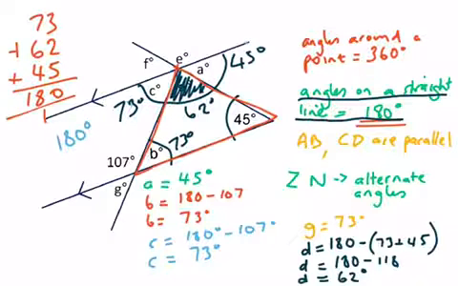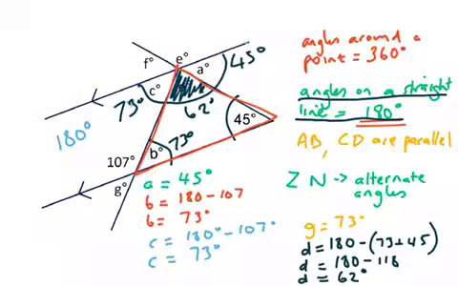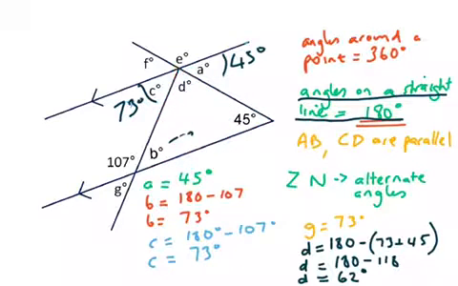Okay, so now we've worked out that A is 45, B is 73, C is 73, D is 62, and G is 73 degrees. And so far we've managed to test them all and make sure that they're all correct. Okay, so I'm going to rub out the mess we've made. There we go. And then let's see what I've got left to work out.